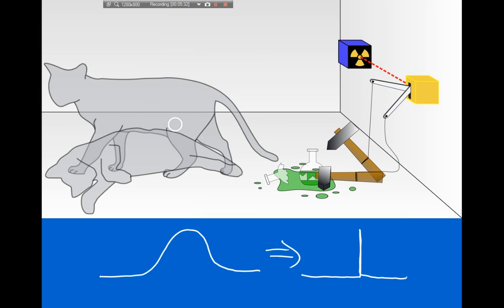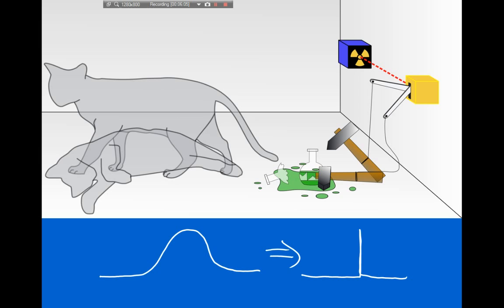Because all of these things are very closely linked together, these nuclei inside here are very strongly coupled to their environment, which means that they are perpetually in a collapsed state, which means that these nuclei can't really be in a superposition of decayed or undecayed states. They're going to instantly collapse into either one or the other. So you never have a superposition of decayed and undecayed states in here, which means you never have a superposition of dead and alive cats.